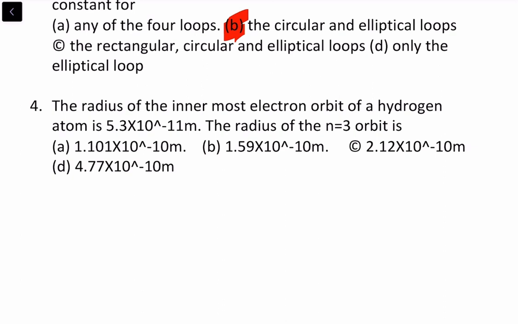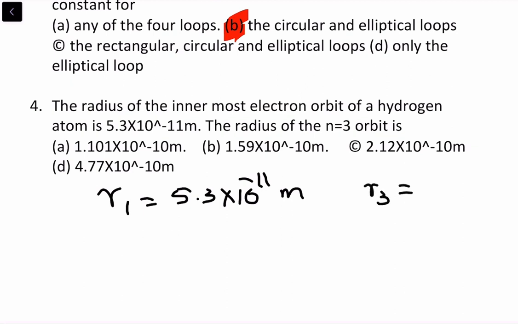What they have given is the radius of the innermost orbit. Let us take it as R1, that is 5.3 into 10 to the power of minus 11 meters. Then they ask for R3, the radius of the n equal to 3 orbit.